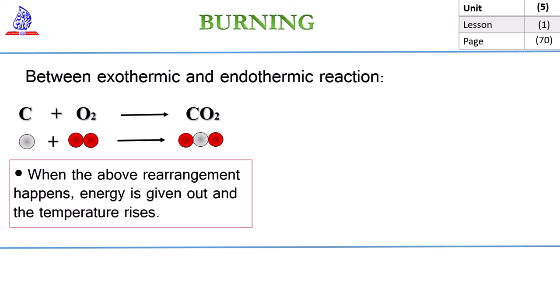This is a rearrangement including breaking down of a bond and forming a new bond, so energy is given out. When energy is given out due to breaking and forming bonds, this is called an exothermic reaction.